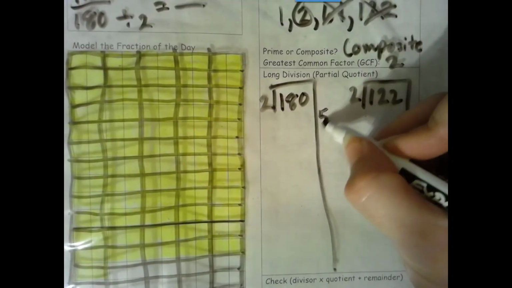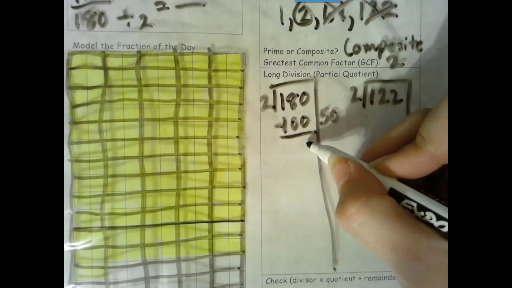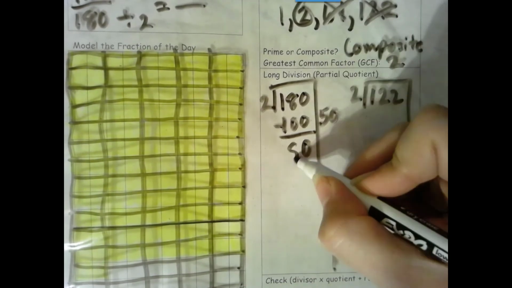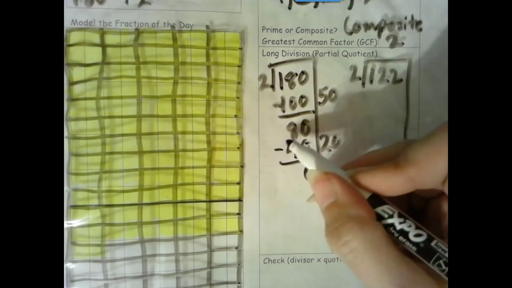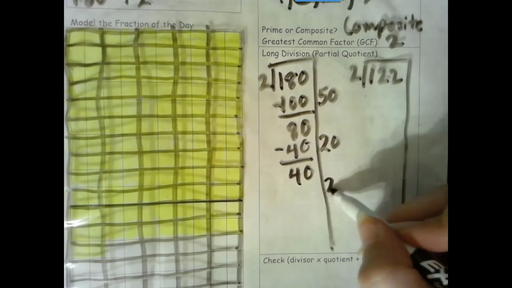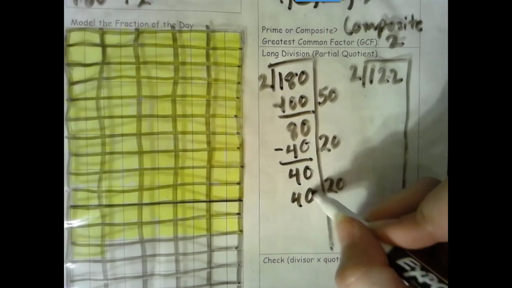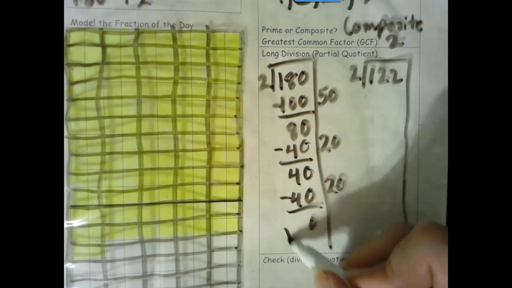I know that 2 times 50 is 100. Numbers the same, zeros the same, more on top, no need to stop. 20 times 2, placeholder moves it over a place. 2 times 2 is 4. Numbers the same, zeros the same, more on top, no need to stop. 20 times 2 is 40. Numbers the same, zeros the same.